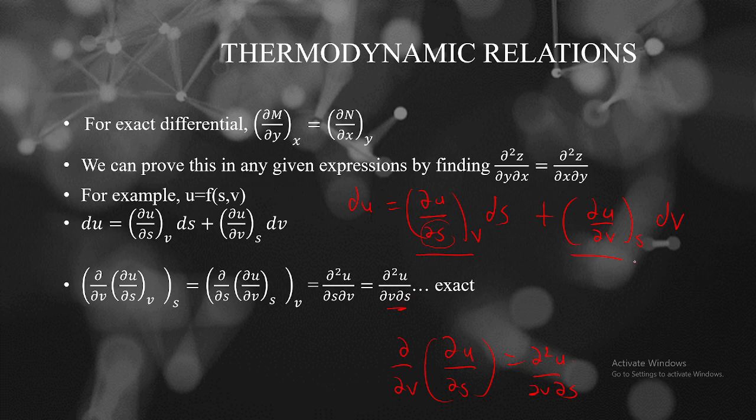Then we can do it for this side as well. This was with respect to a change in V, so I can now make it with respect to a change in S instead. So this will give me my del 2U del S del V, which we have over here, right? So that's what the expression is going to be.